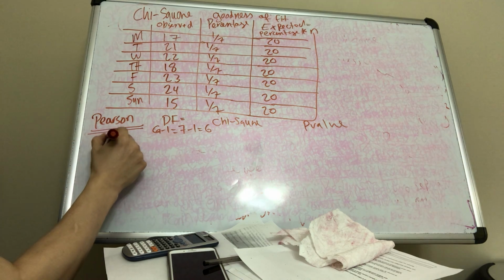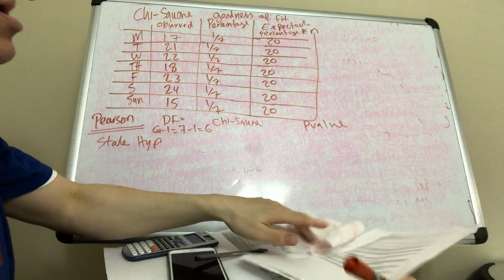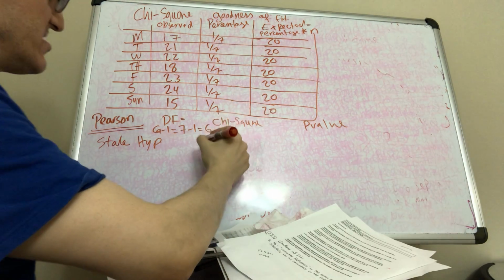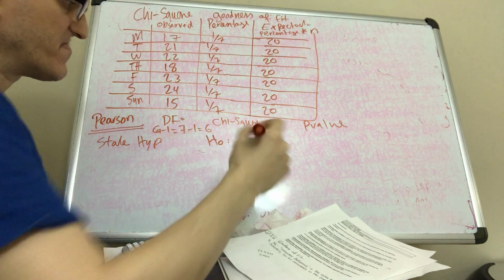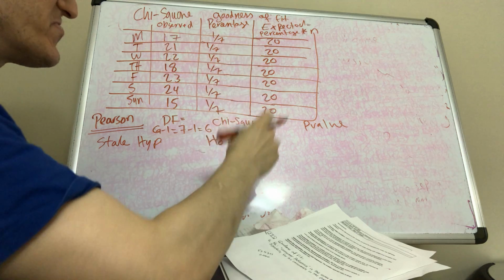Now, you would state the hypothesis first. The way you do a hypothesis for goodness of fit, H0, you start with the name of the category.